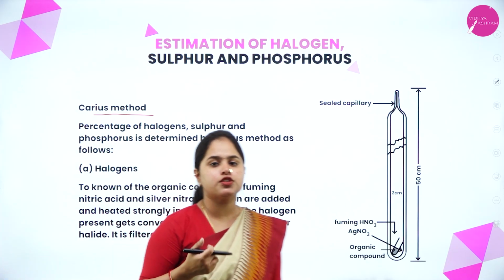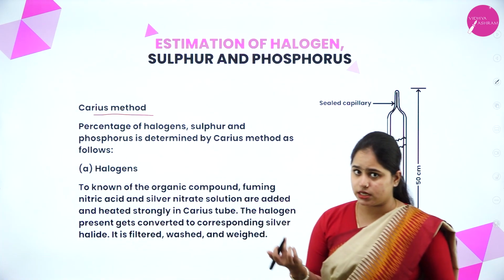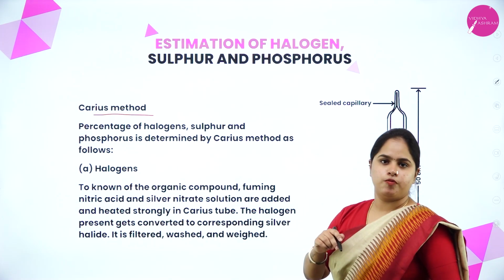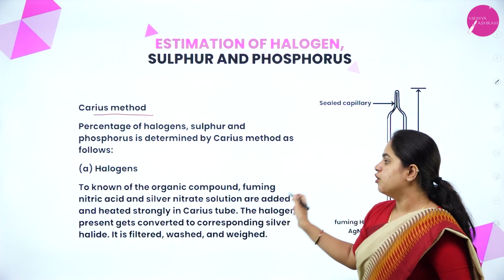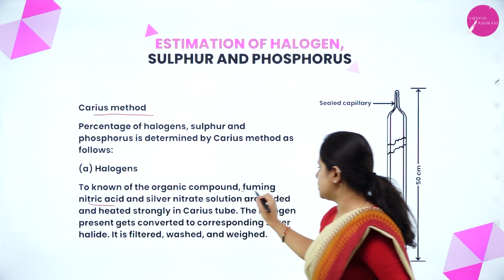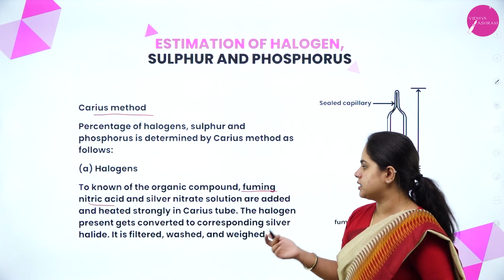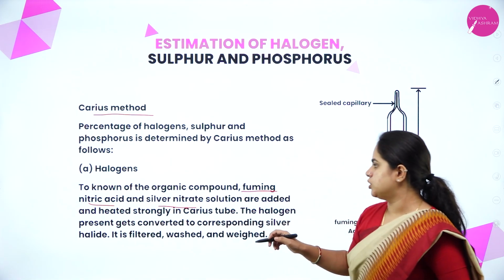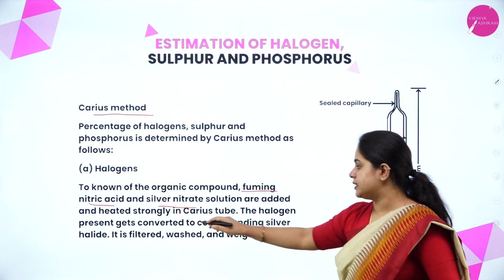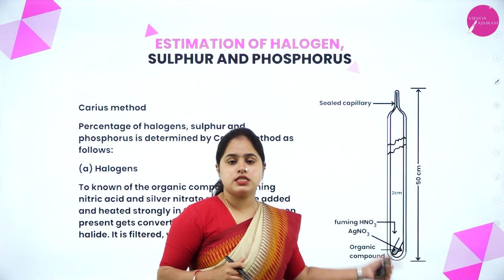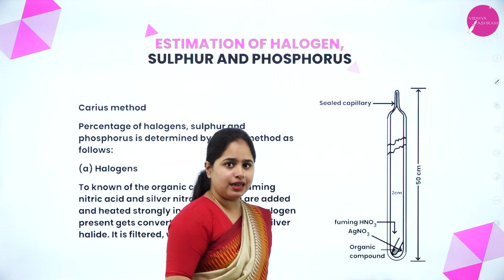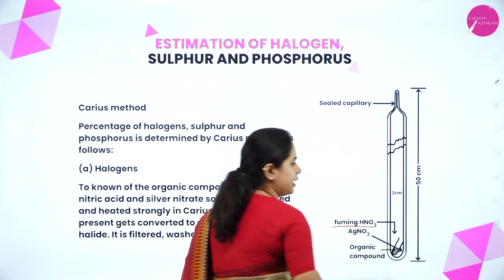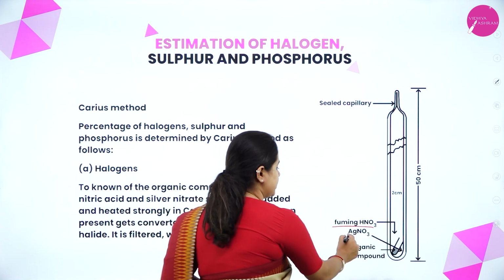So let's begin with the first one, that is quantitative analysis or estimation of halogens. To a known amount of the organic compound, fuming nitric acid, HNO3, and silver nitrate solution are added and strongly heated in Carius tube. So this is the Carius tube, as you can see here. The organic compound will be taken here and fuming nitric acid will be added along with silver nitrate.